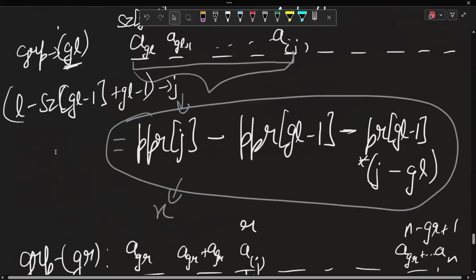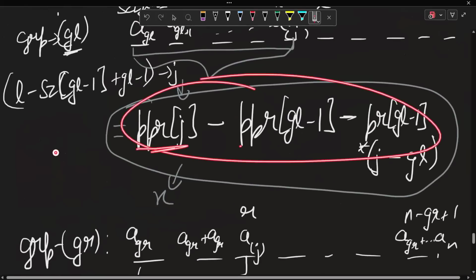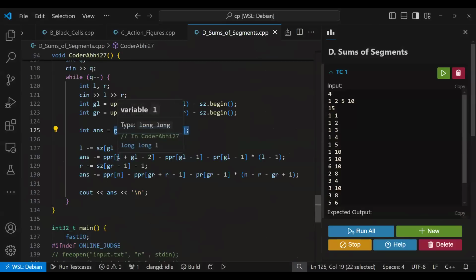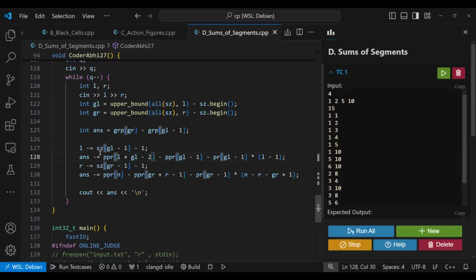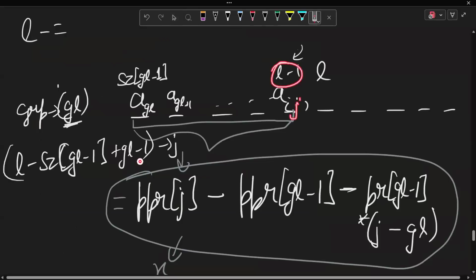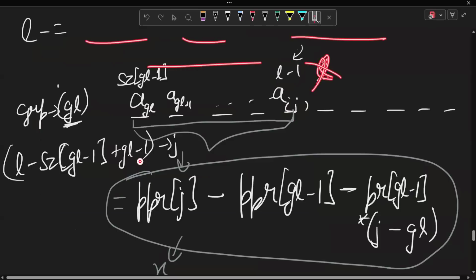How am I calculating this X? It is PPR J minus GL minus 1. So what was J here? J was this A of this index. Currently this L is the index for the overall array.